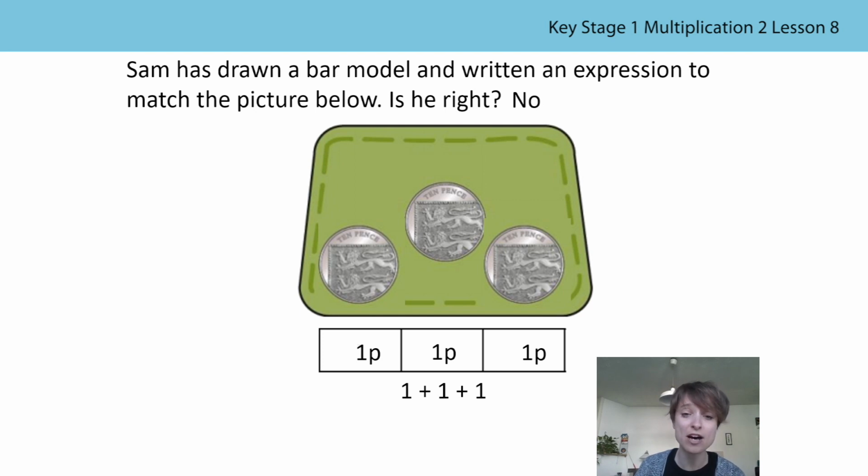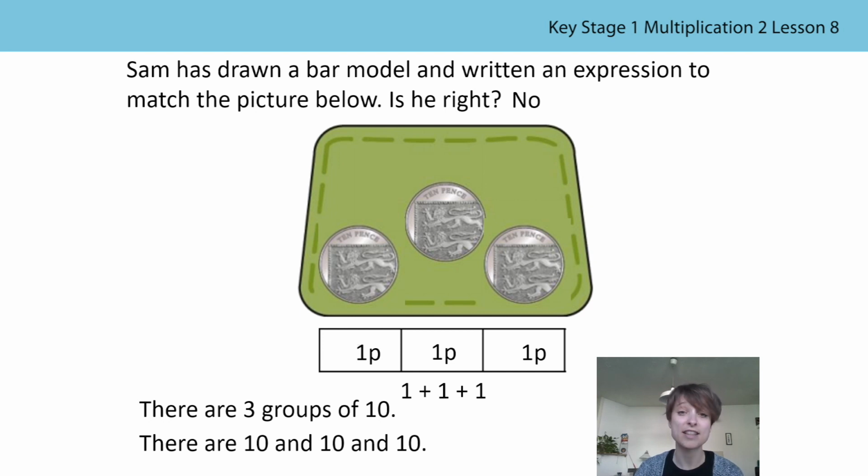Yes, that's right, there are 3 10p coins, or 3 groups of 10. So let's say a sentence to describe this. Are you ready? There are 3 groups of 10. We can also say this sentence. There are 10 and 10 and 10, and each 10 represents each 10p coin in the purse.